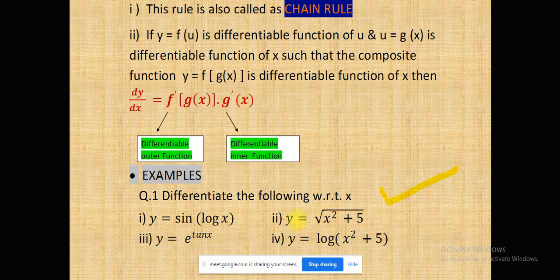Another sum was y is equal to root of x square plus 5. Next was y is equal to e to the power tan x, and next to that, log of x raised to log of x square plus 5. These 4 sums. I hope everyone has done the homework.